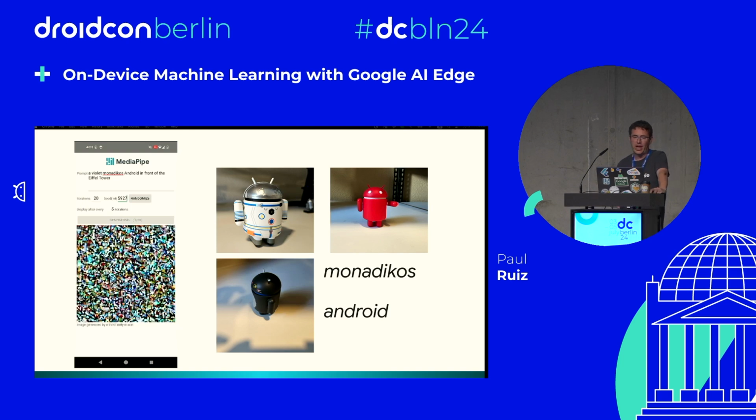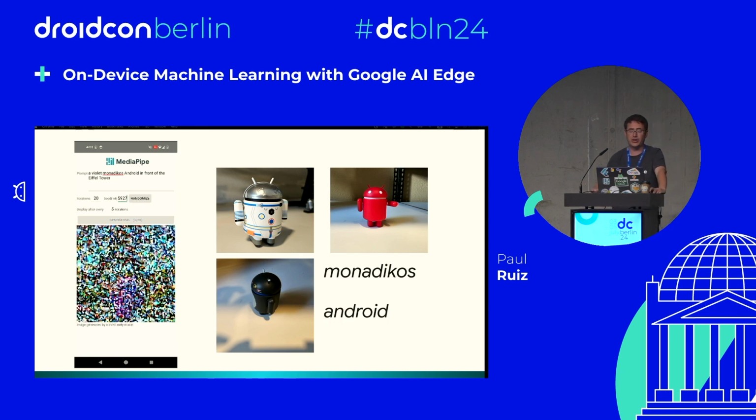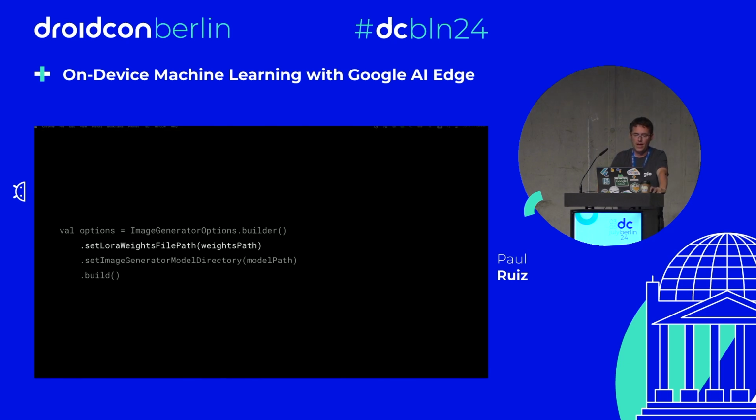Then I'm using a Colab that we've put together, which is already online, to pull those down and retrain these weights. Once I had those, I just moved the files onto the device in the same way that I did with the initial image generation model. And as far as working with the code, the only difference is that I needed to include this set LoRA weights file path value.